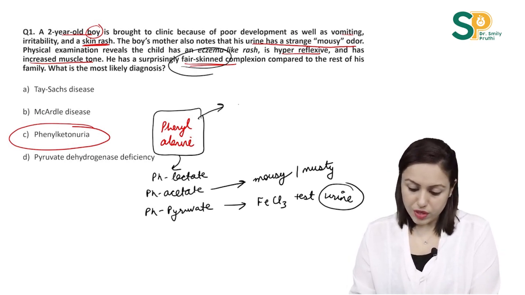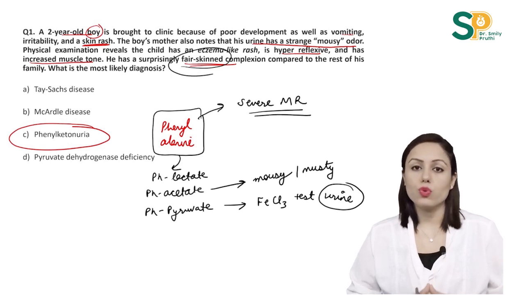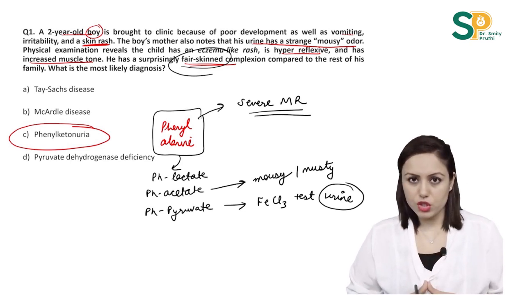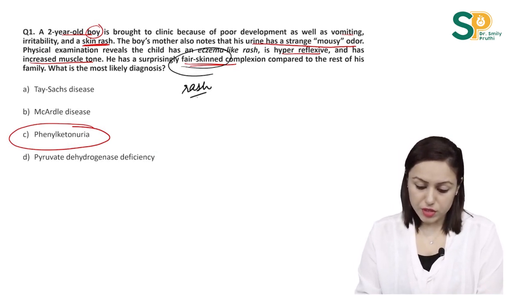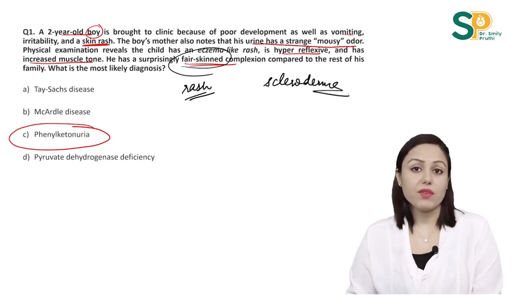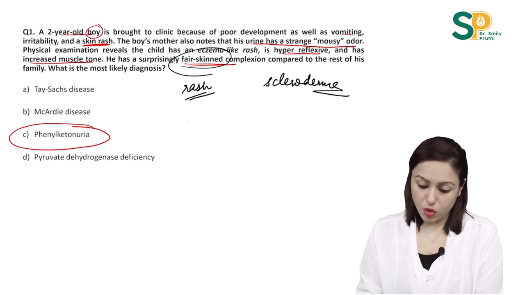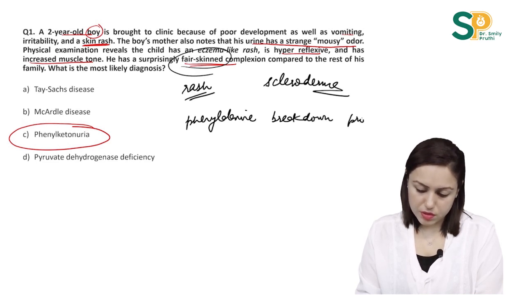Then, due to phenylalanine, these patients have mental retardation, and usually these patients of phenylketonuria have severe mental retardation, right? Then, the question is mentioning some rash. These patients usually have a scleroderma-like rash. This rash is because the phenylalanine breakdown products are photosensitive.